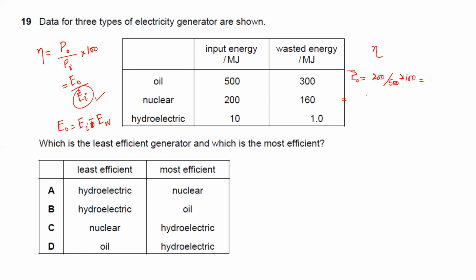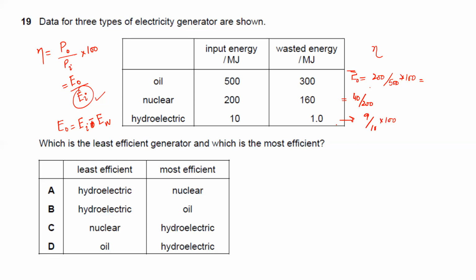Again, for this case, 200 minus 160 is 40, divided by 200. And for this case, we have 9 divided by 10 times 100.